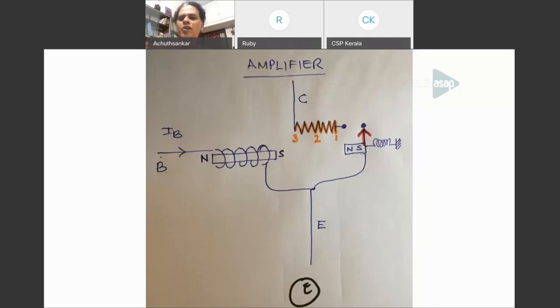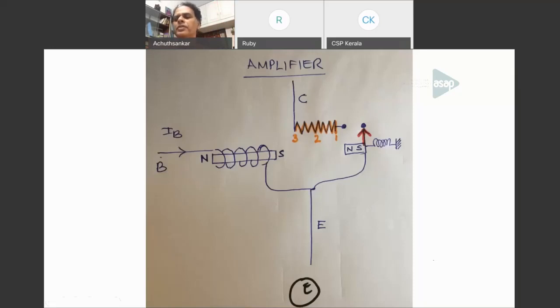Half of the resistance is cut off from the circuit. And if you send maximum current through the base, the pointer magnet will come and touch the electromagnet, and thereby the pointer will stay at point 3. When the pointer stays at point 3, the whole resistance is cut off the circuit. The collector is directly connected to the emitter. There is no resistance in between.